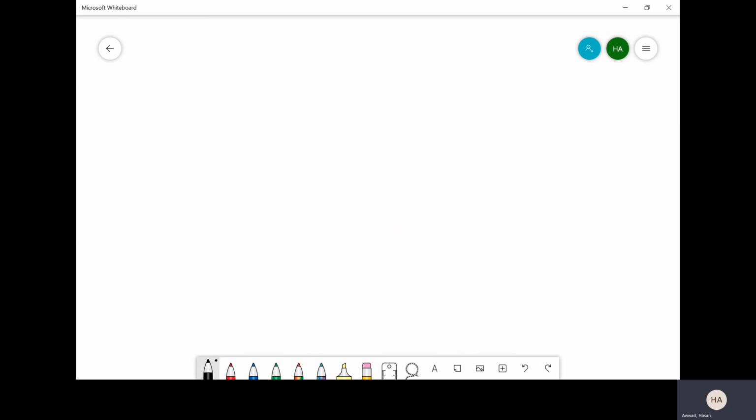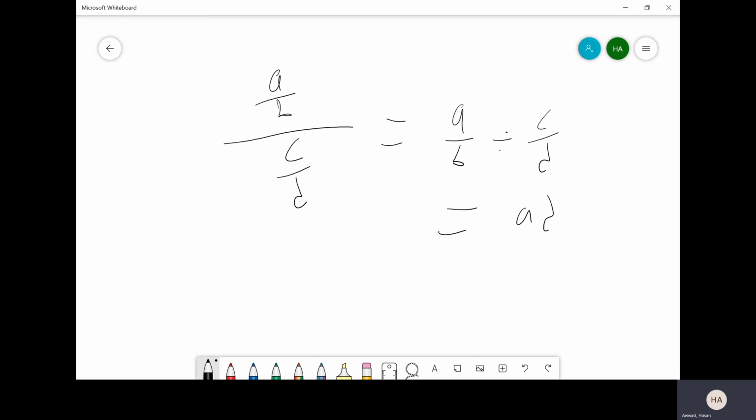So as far as complex fractions go, really all they are is A over B over C over D. Well, this is exactly what we had before, right? A over B divided by C over D. And we know that by keep, change, flip, this is going to be the same exact thing. We're going to end up with AD over BC.